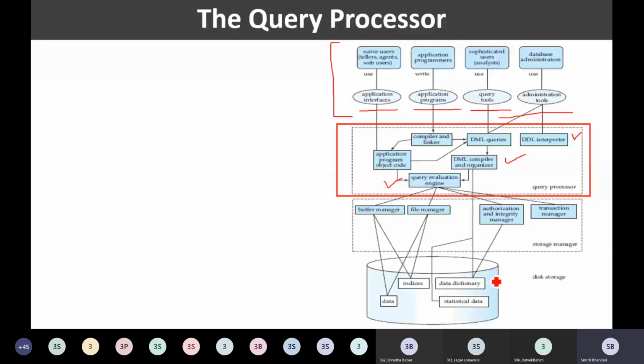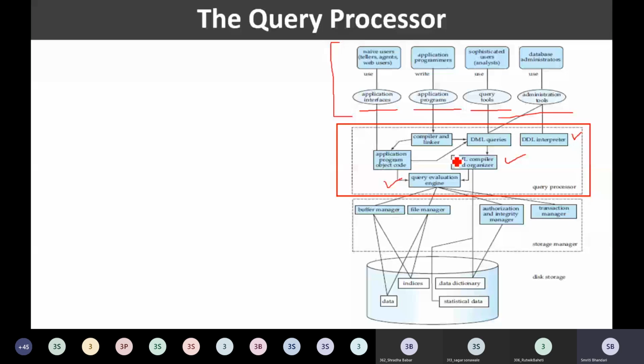Similarly, if I have DML queries, then my DML queries are compiled and linked. A few of the users are using application programs, and these application programs may have some DML constructs or DML queries.